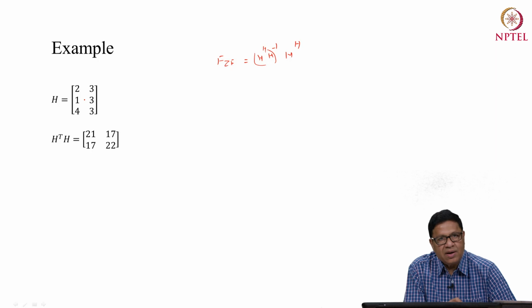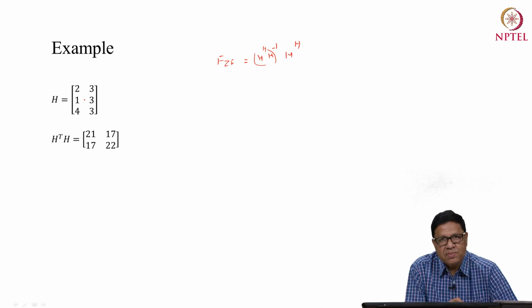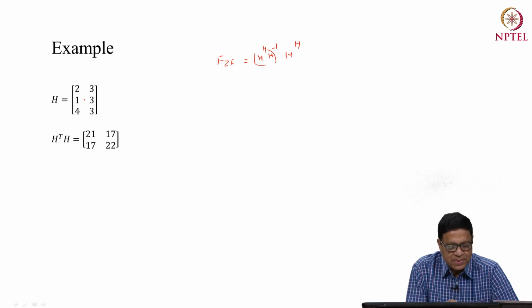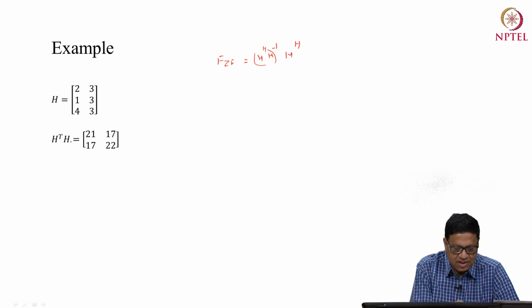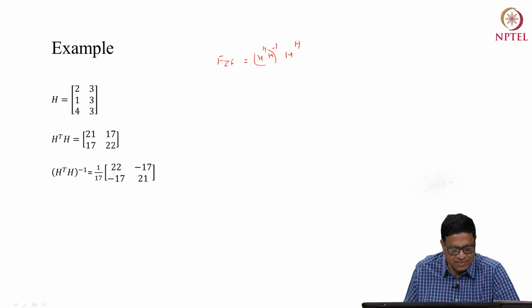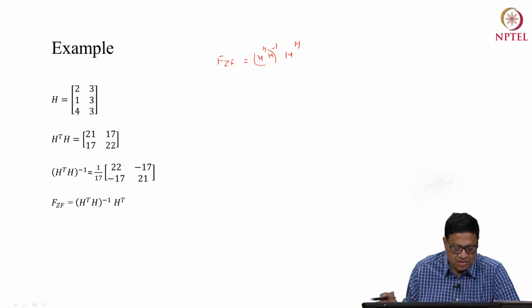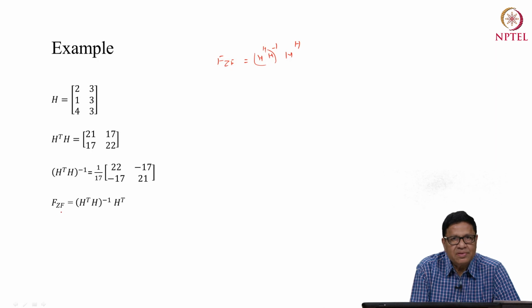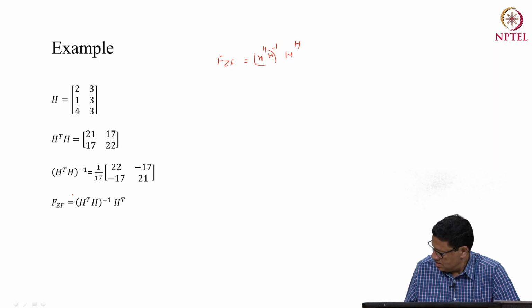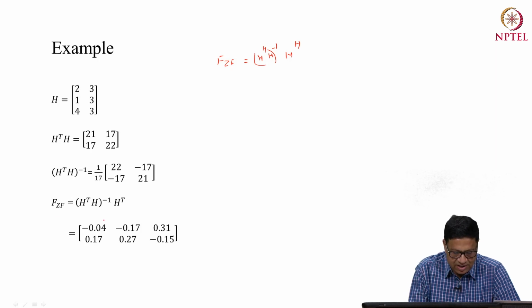Because these are all real numbers, it will be the transpose, not the Hermitian, so H will be replaced by T. So H^T H will be given by this, and if I take its inverse it is 1 by 17 times these elements. So the zero forcing matrix F_ZF will be given by this formula, whatever we have derived, and if you plug in all the values, this is what you get.